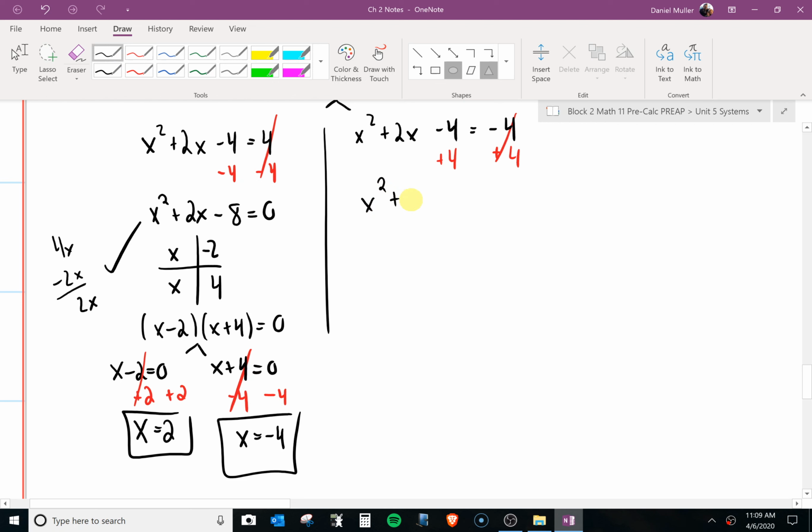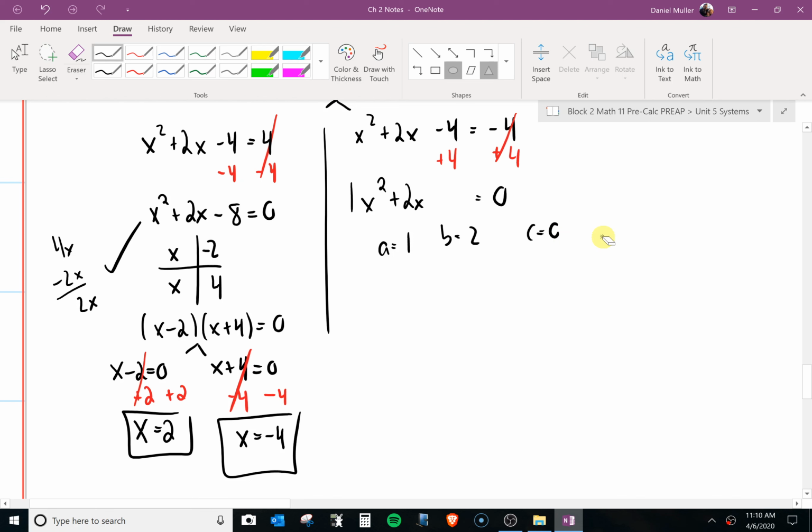X squared plus 2x, negative 4 plus 4 is 0, so you could write plus 0, but I'm not actually going to. Now, this is not a trinomial, so it's hard to use this form. You could say that the term in front here is a 1, so your a is 1, your b here is 2, and your c is 0.